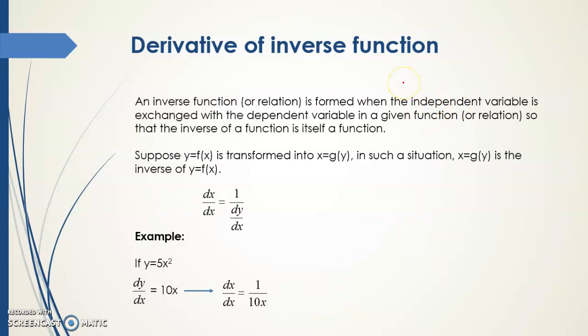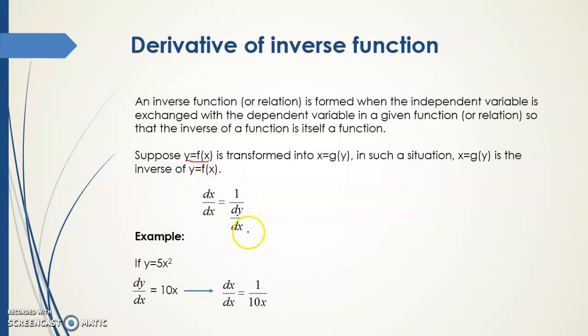In the usual question, y is your dependent and x is your independent, but sometimes x becomes independent and y becomes dependent. So when we rearrange the equation, y equals f(x) turns into x equals g(y). Then this x equals g(y) is called the inverse of this function. So it is very simple.